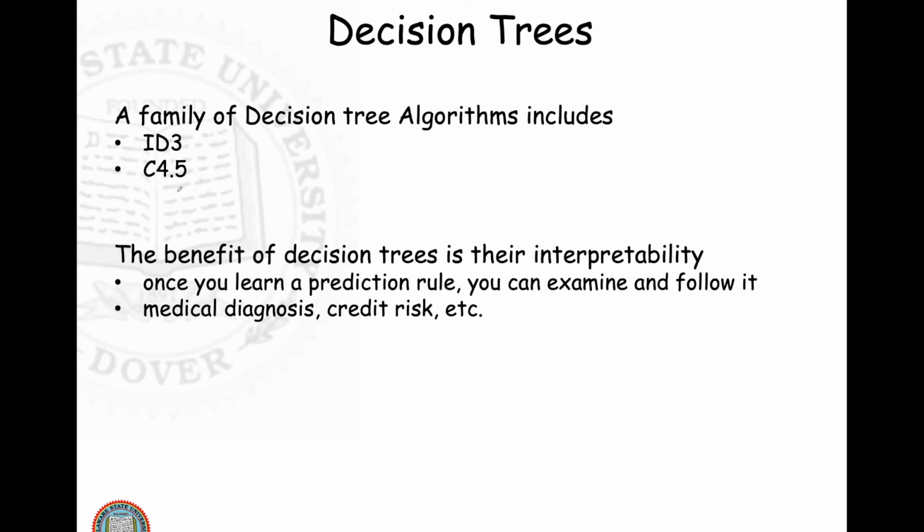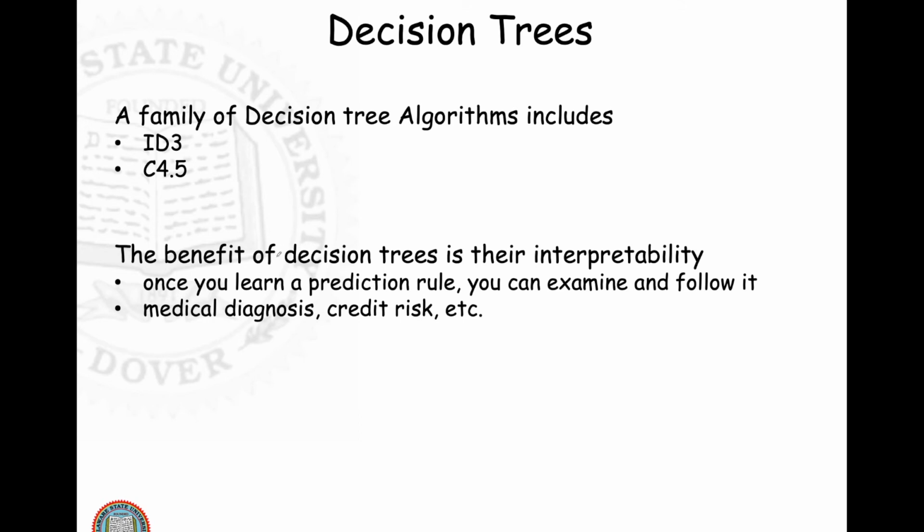Now, you might be wondering why we're discussing decision trees. Well, their benefit is ultimately that they're interpretable. Once you learn a certain prediction rule, you can then examine that classifier and follow it and look at the decisions that one needs to make. And this is immensely useful for things like medical diagnosis, for credit risk, etc. So now if someone says, well, why was I denied for this loan?